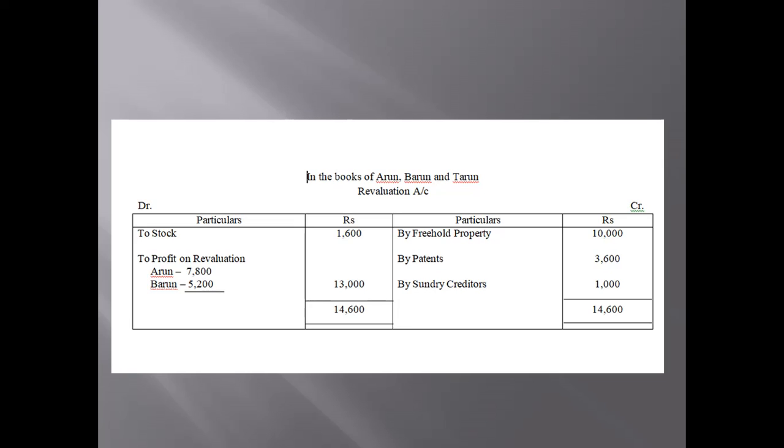So there is one more adjustment. Point number four. A creditor of rupees 1,000 is not traceable for a number of years, and the amount is written back. By creditors we mean those to whom we have to pay.